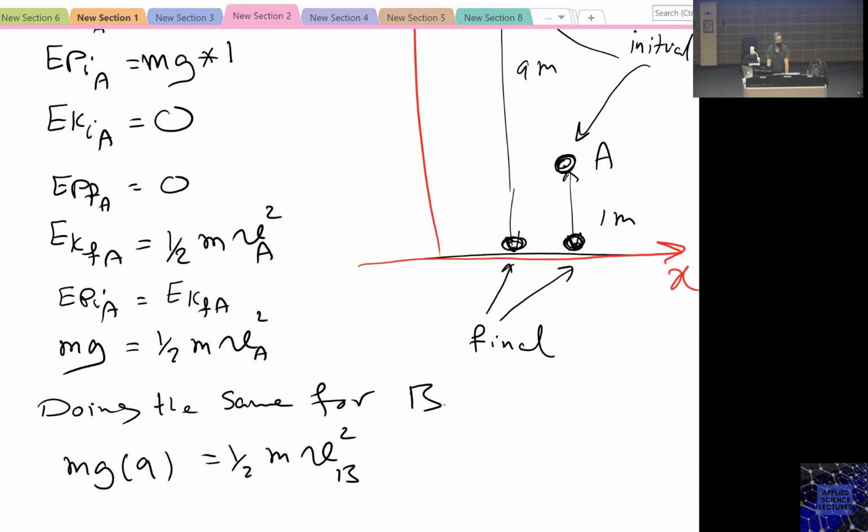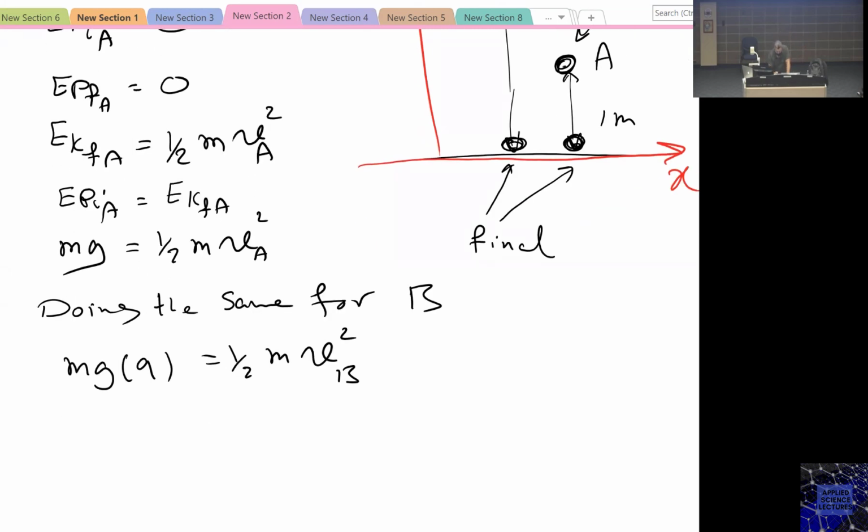Is that right? Now, divide those two equations. What do you get?